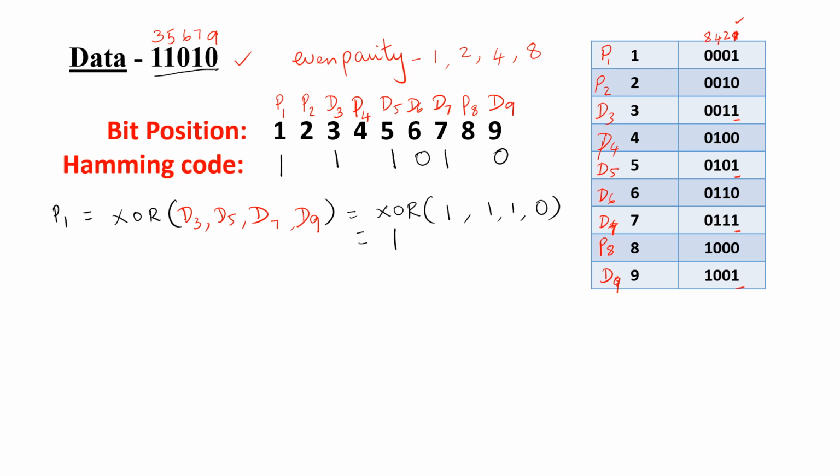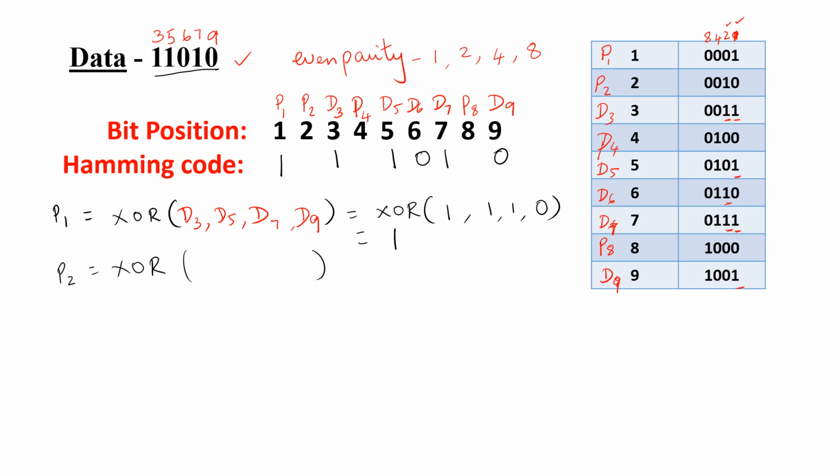Next we have to find P2. P2 is XOR of some data bits. We have to check in the second position wherever the data bits have 1. In D3 it is 1, D6 1 is there, D7 1 is there.